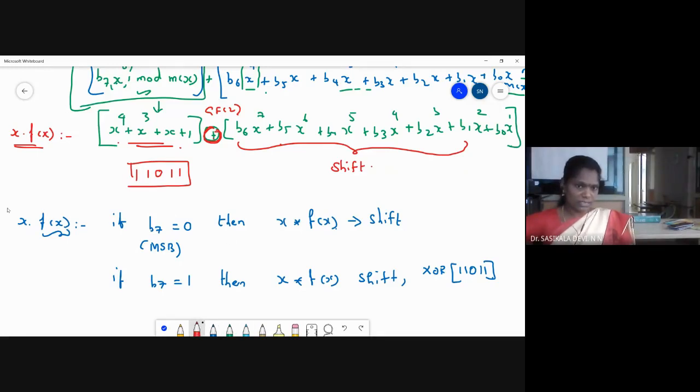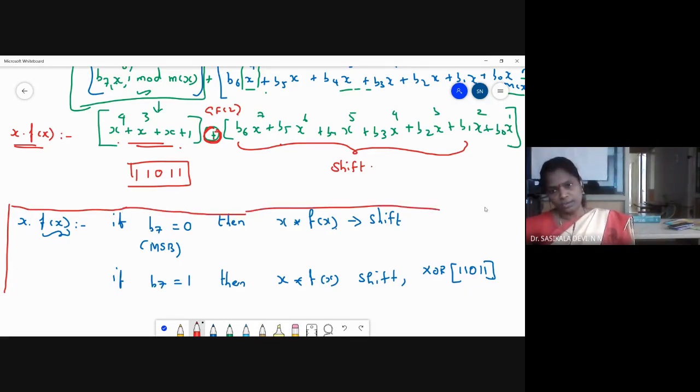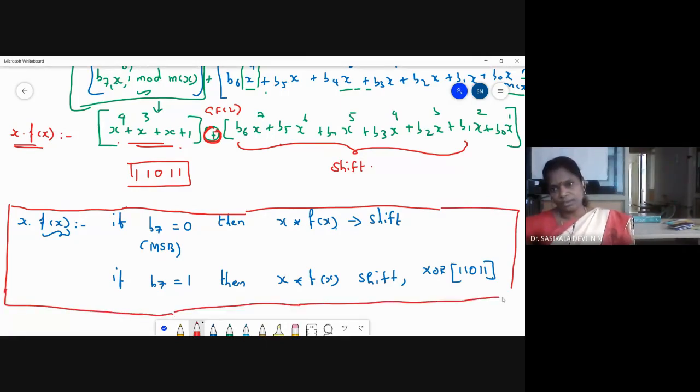Just take note of this. The entire derivation is for this particular rule. So what is the rule here? In this f of x polynomial, first of all, check the most significant bit. If it is 0, x into f of x is simply a shift.